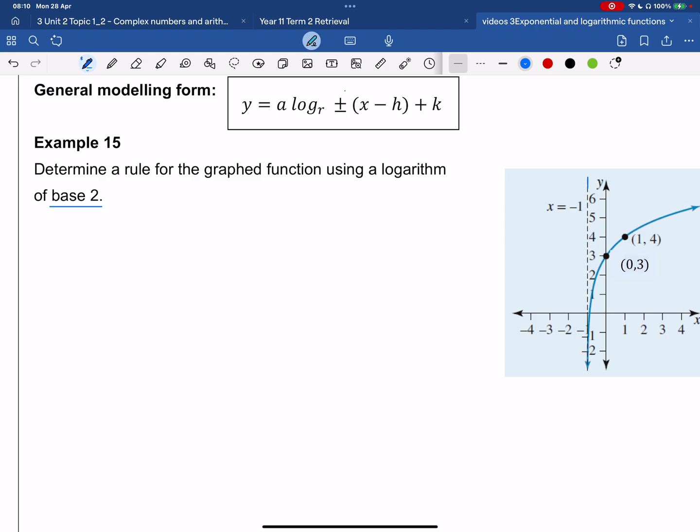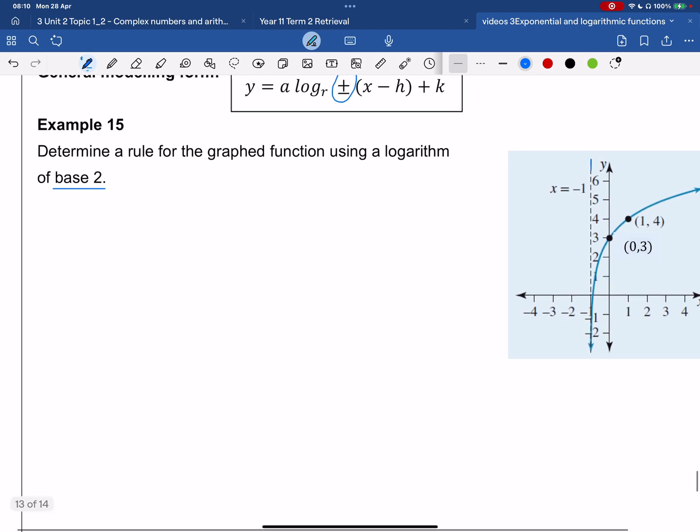Okay, so we no longer have a b value, we just have to have a positive or negative, which we're going to base on the shape of our graph that we can observe. Okay, so we have our form.